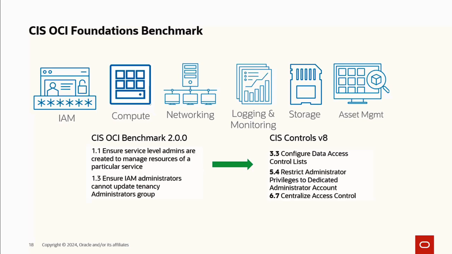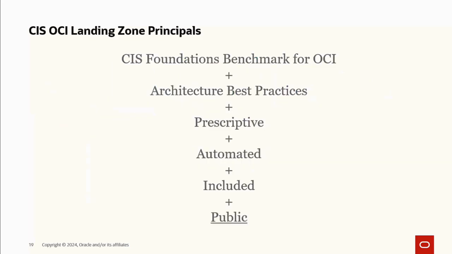And so what are the main principles that guided us to build this landing zone? Well, first of all, the CIS Foundations benchmark. And we blended that with architectural best practices that we bring from all the work we do in our daily work with our customers, and also experience that we bring building SaaS services in OCI.